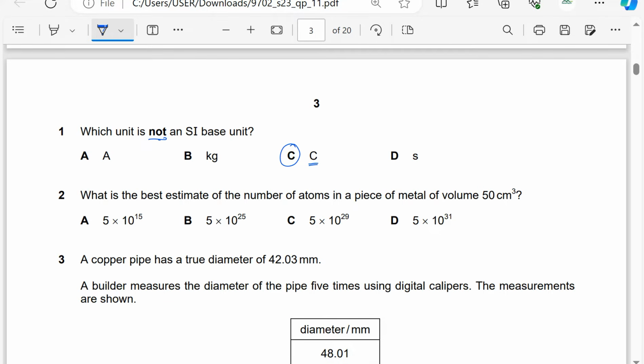What is the best estimate of the number of atoms in a piece of metal of volume 50 centimeters cubed? So first of all, we are going to make an estimate of the diameter or the radius of the atom. I think the radius of an atom is approximately 10 power minus 10.